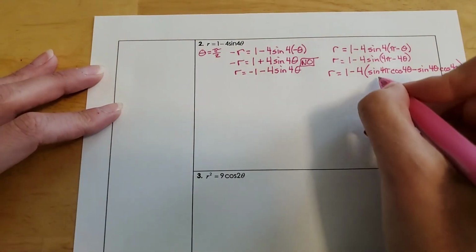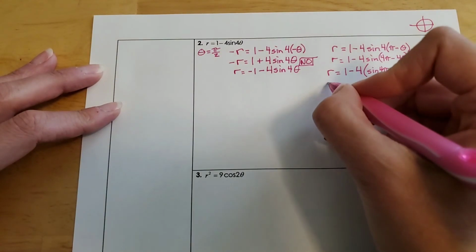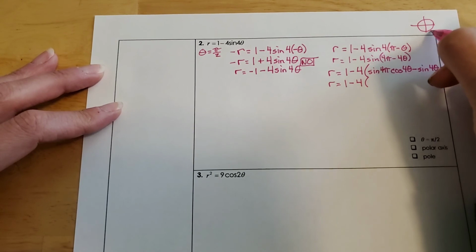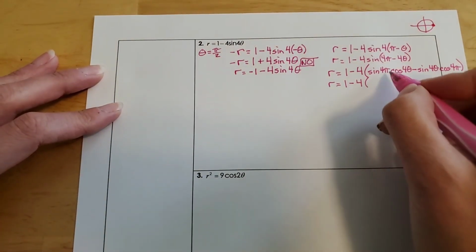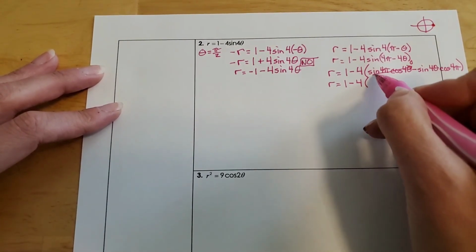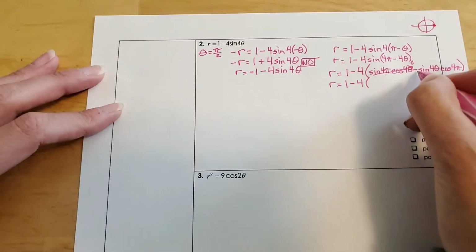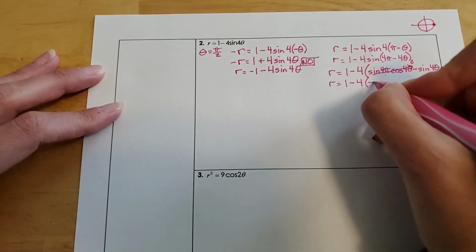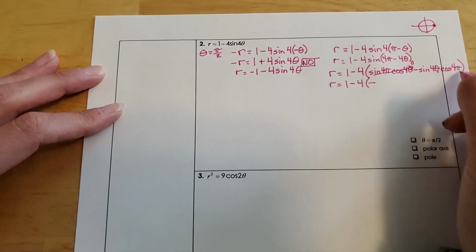All right. And think of your unit circle. We know where 4 pi is. It's going around twice. There's 2 pi. So 4 pi, we're looking right there. The sine of 4 pi is 0. So this whole piece goes to 0, right? Because 0 times anything is 0. And then we are going to subtract off sine of 4 theta times the cosine of 4 pi.